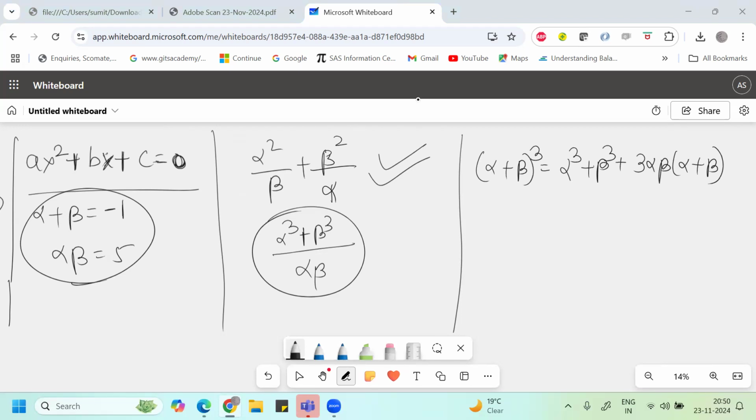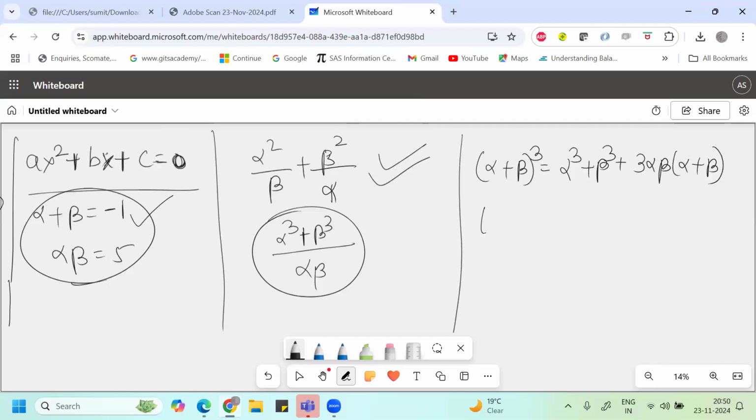So alpha plus beta is minus 1. So minus 1 ka cube is equal to this, you want na. You need alpha cube plus beta cube. Your numerator is alpha cube plus beta cube. So that is your numerator, alpha plus 3 alpha beta. 3 alpha beta matlab 5, and alpha plus beta is minus 1.